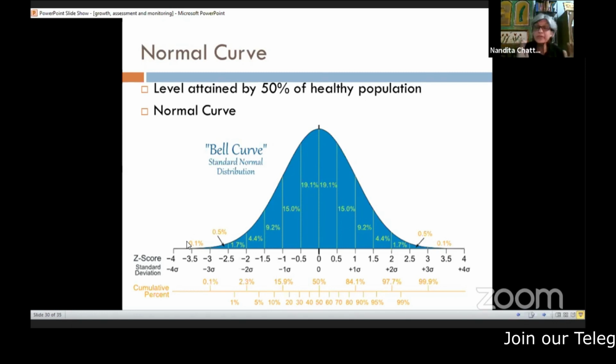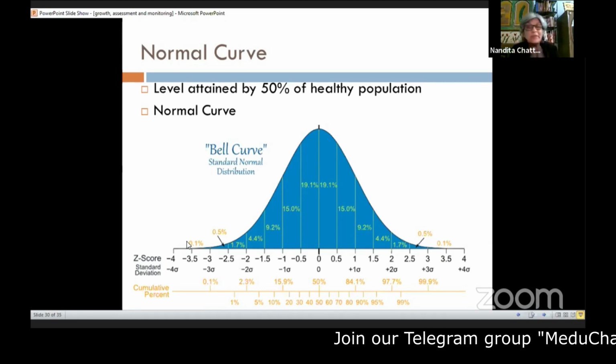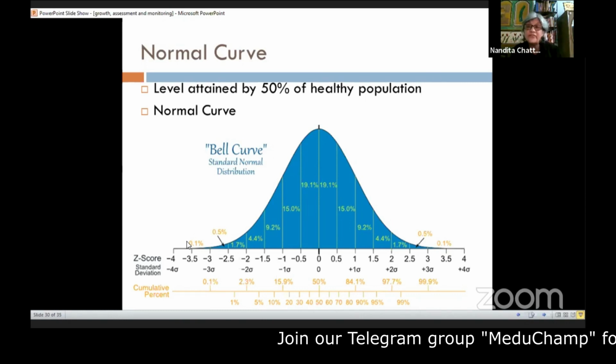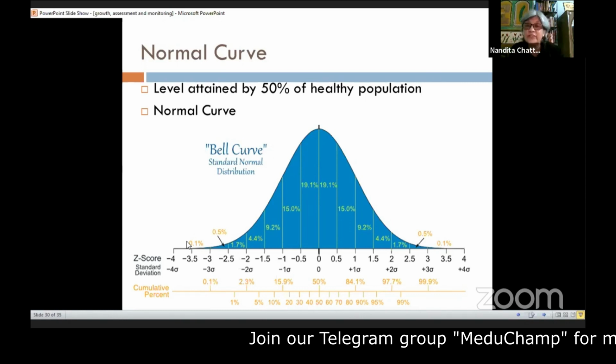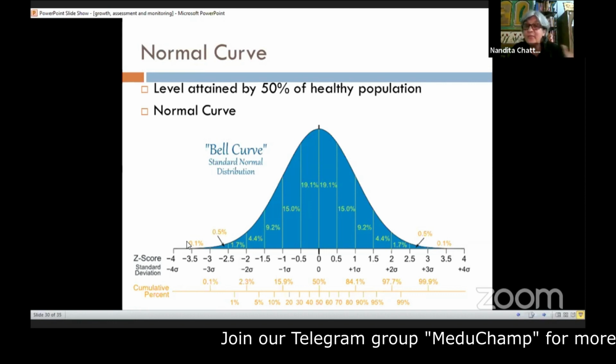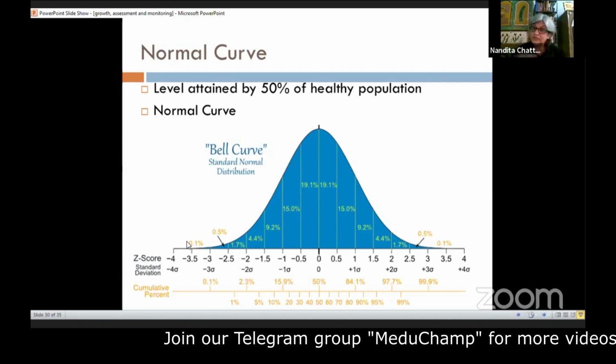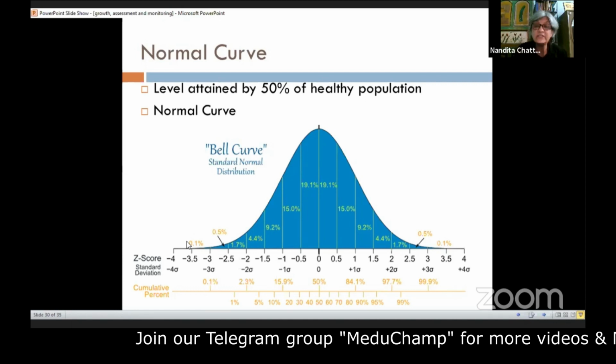And we find most of the children are having a value around 10 kg. So the central value or the mean, the average, is 10, and most of the children will be having 10 kg. Further away from 10, like 5 or 15, are weights that only few children will have. With this, if we plot the weights, we get a normal curve, this bell curve. Everybody is familiar with this bell curve.